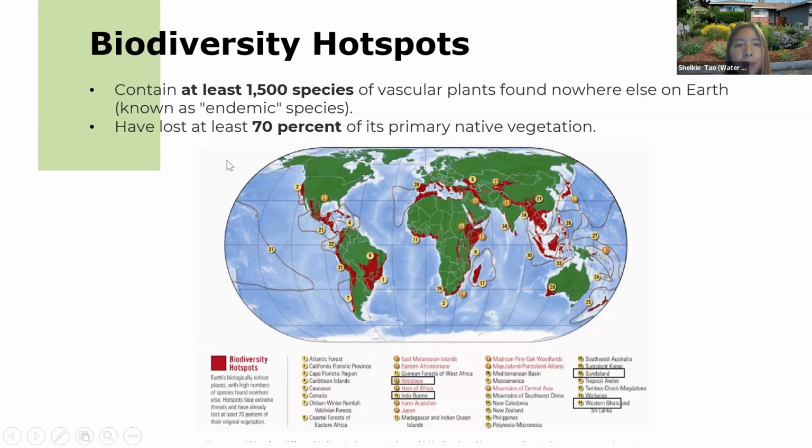And it must have lost at least 70% of its native vegetation. So it needs to be abundant, right? But unfortunately, it has lost 70%. So it is pretty much in crisis mode, and we need to do everything we can to avoid that fate.